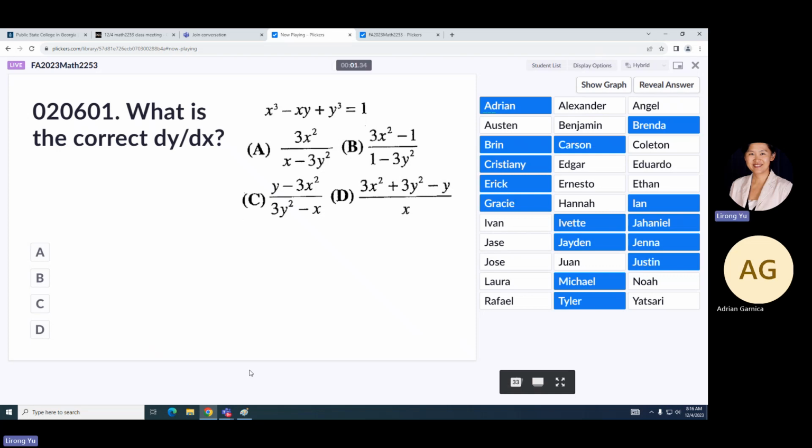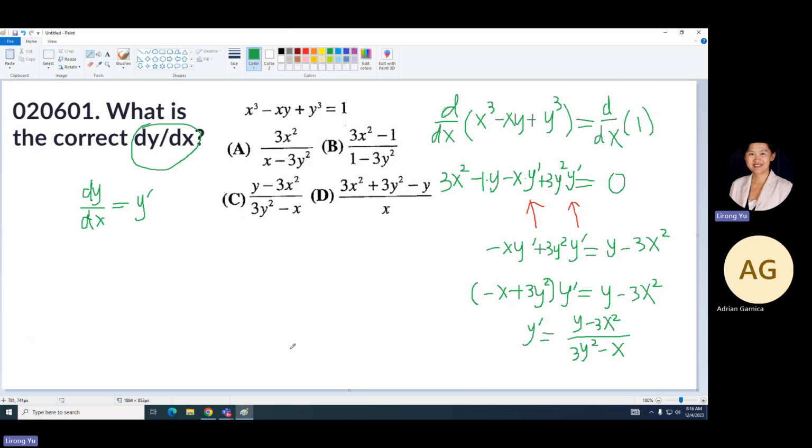All right, anyone else want to submit your answer to the question on the board? This is a calculation for the question. This is a question for implicit differentiation, from your chapter 3. The process is to find the derivative of the left side and the right side.